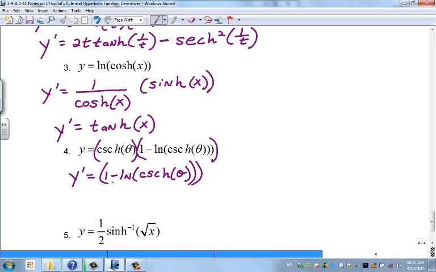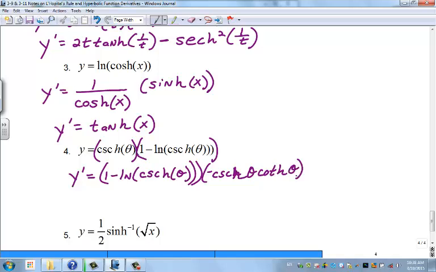The derivative of cosecant of theta is negative cosecant of theta, oops, forgot my h. This would really be quick today if my computer worked. Times cotangent of theta.